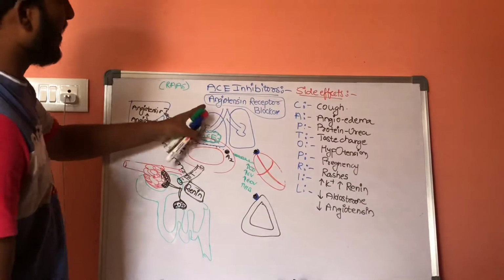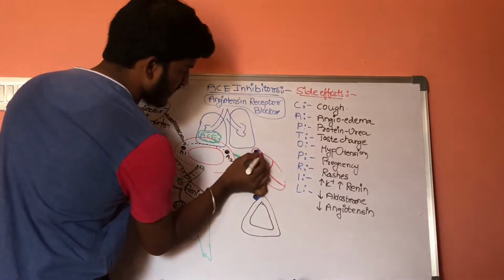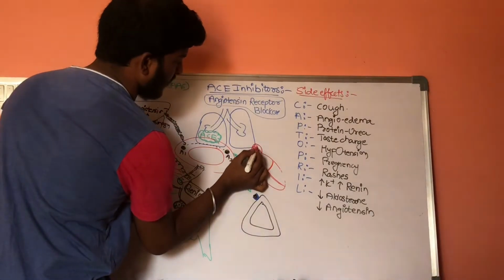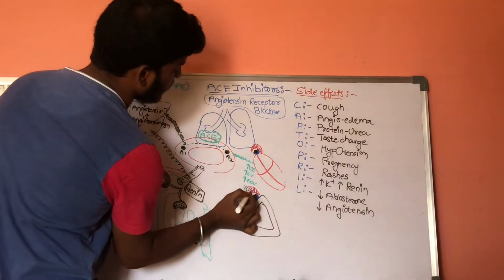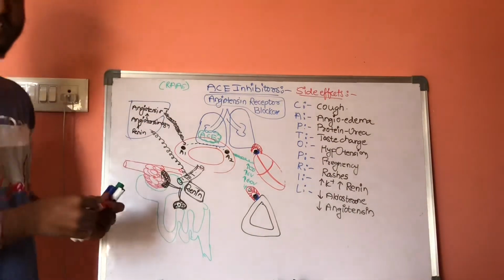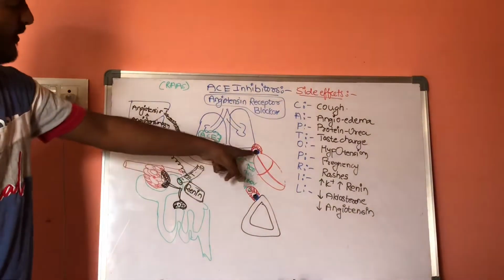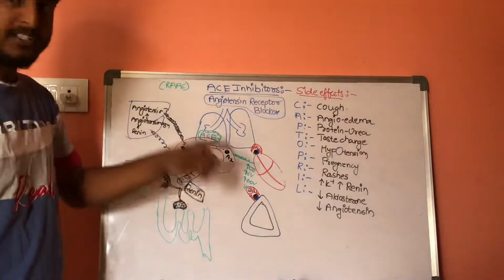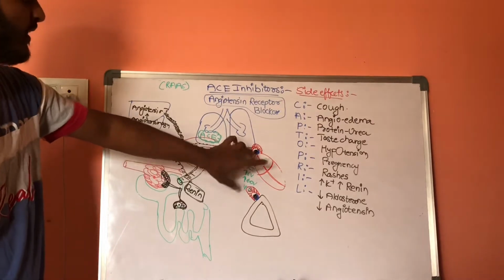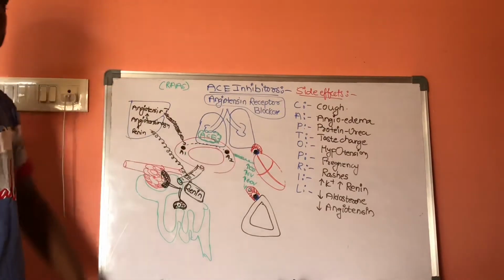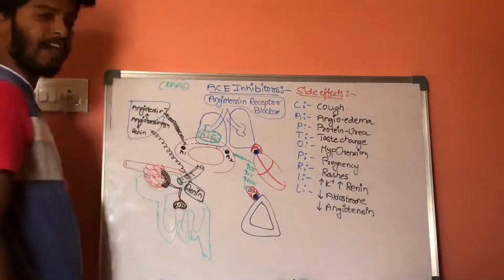Angiotensin receptor blockers block these receptors, so angiotensin 2 cannot attach to them and cannot increase the cardiac output. In this way, angiotensin receptor blockers and ACE inhibitors have the same function.